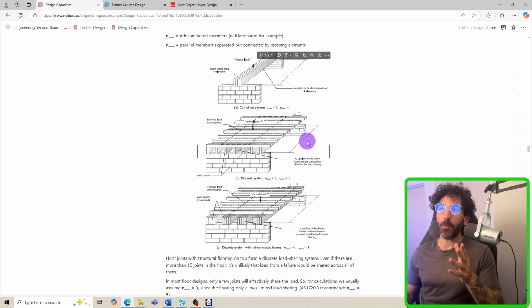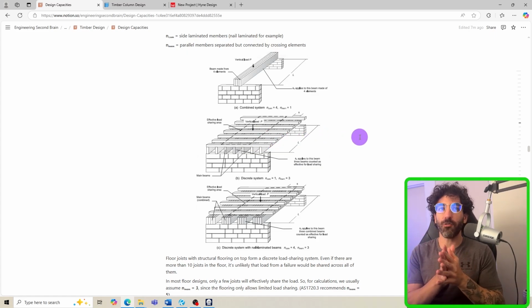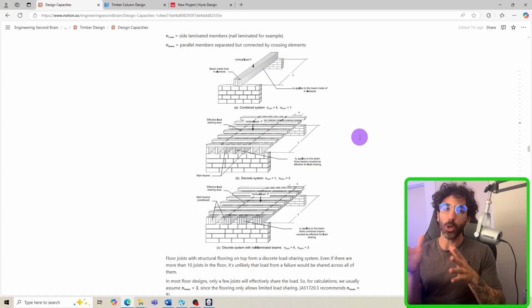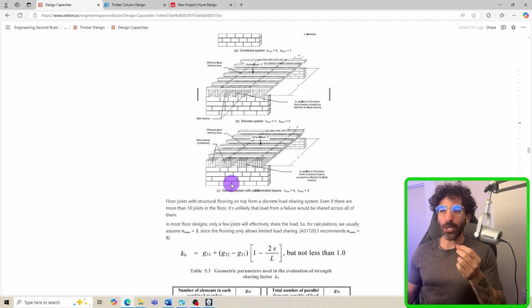So for this example of the joists, we assume that the flooring has a limited load sharing capacity, and therefore we consider that the effective load sharing area includes only 3 joists. We can also have a combination of both systems. So this will be a discrete system with laminated beams.